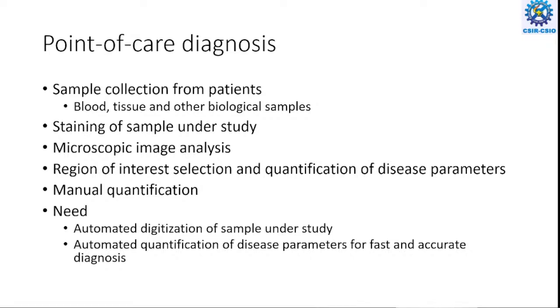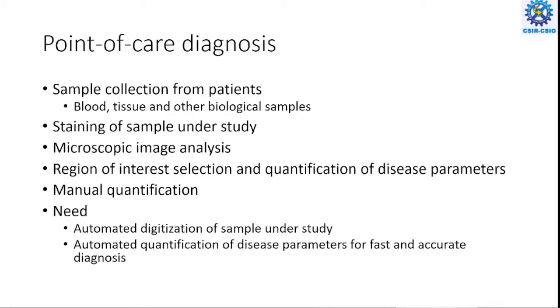We take different regions of interest for the quantification of diseases. Many times it is manual, because the pathologist manually observes the samples, and that is time intensive and always tedious because you need to see different regions of that sample in a very limited time.